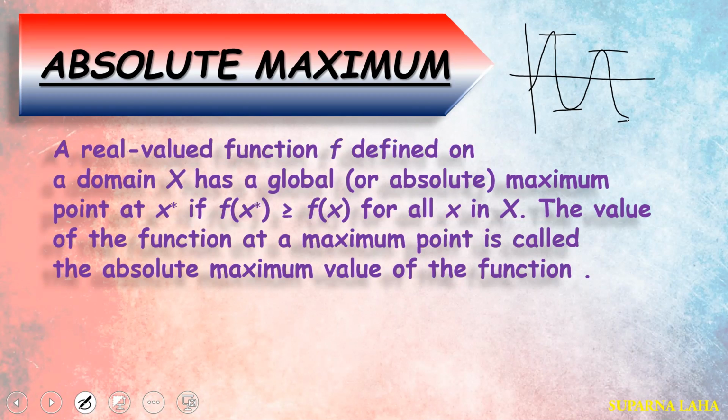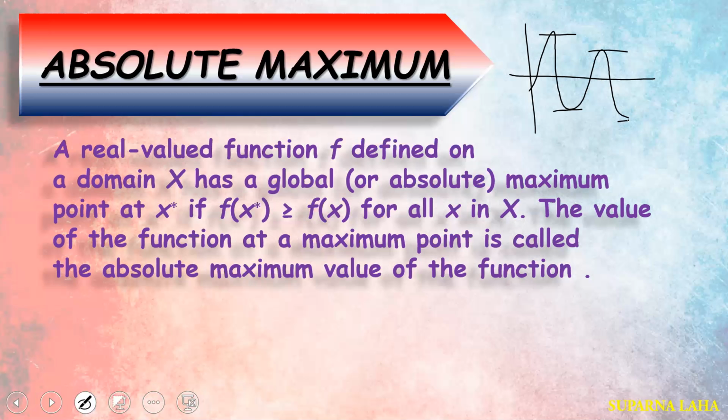But for the absolute maxima, only one absolute maxima can exist in a certain interval, while more than one maximum value can exist. So remember the difference between absolute maxima and local maxima, or maximum value.